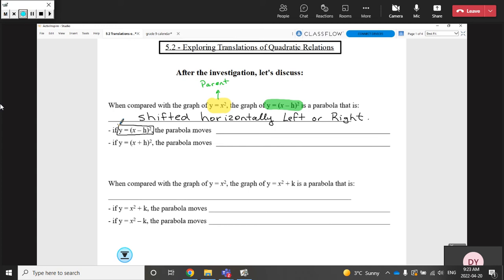Although it looks like x minus 2, we think negative 2, but we've really got to focus here and say, well, it's in the brackets. The brackets is a little bit of funny territory, so it's kind of the opposite of what you'd expect. Truly, we're subbing in a positive, so it might look like it's negative. So we'll say it moves to the right h units.